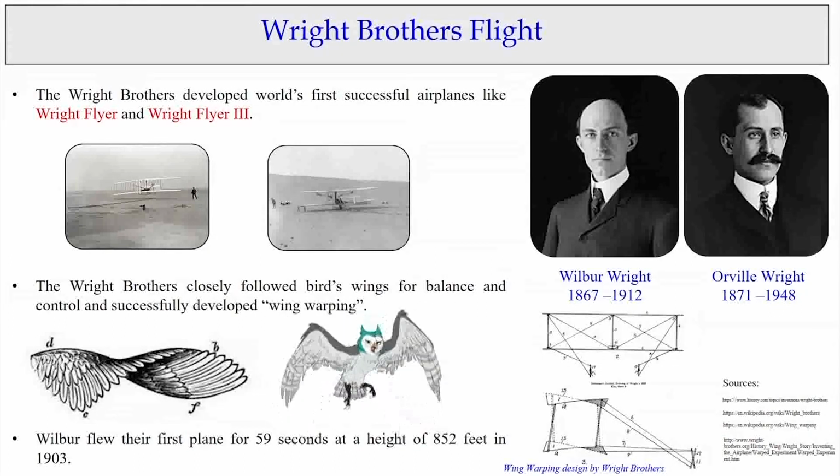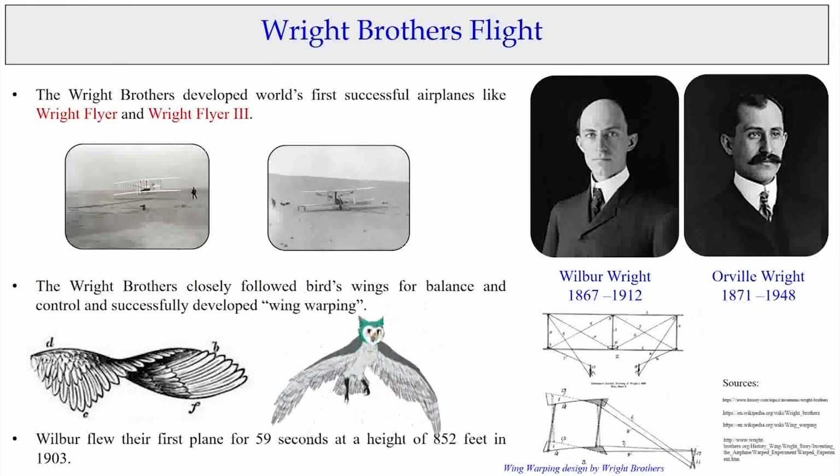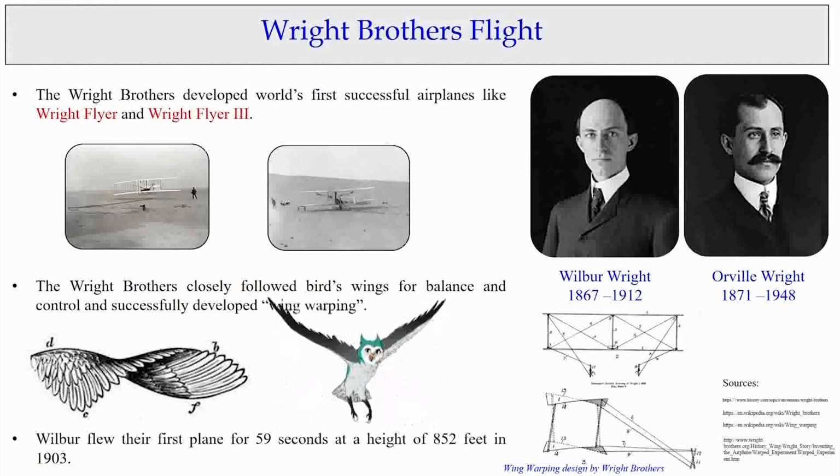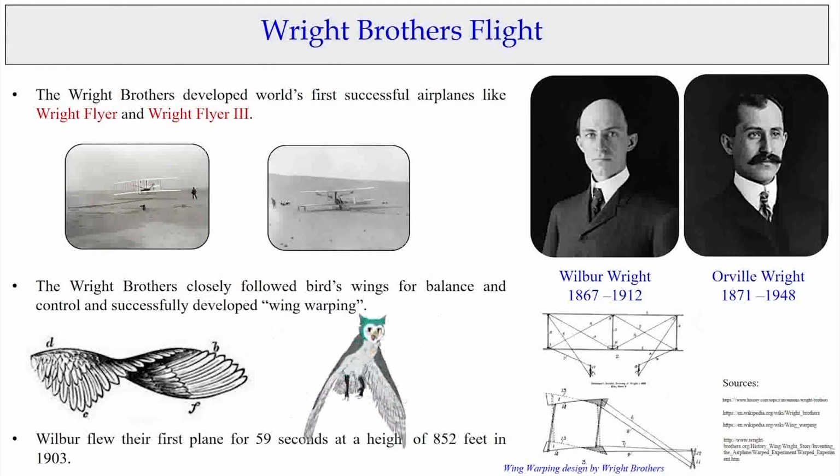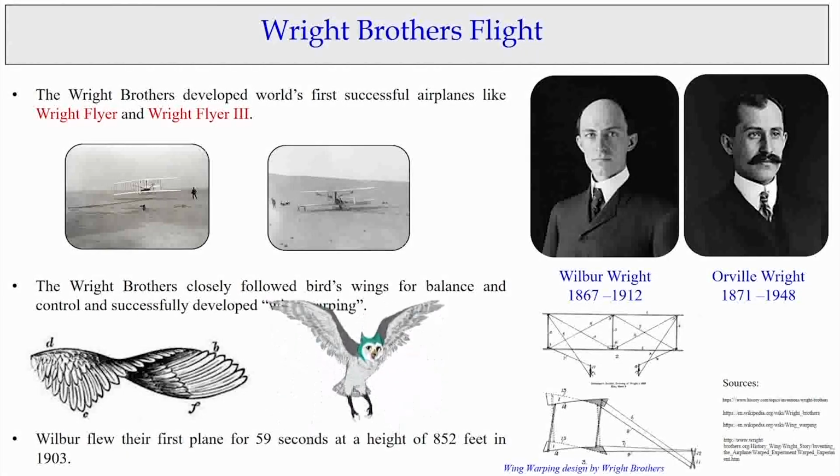Before this, today we have the advantage to fly from one place to another by aircraft. It is possible because of two really adventurous people in the world. In the early 19th century, they tried to do something by just looking at nature.